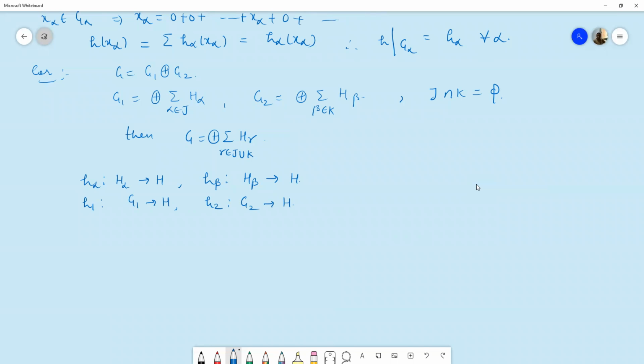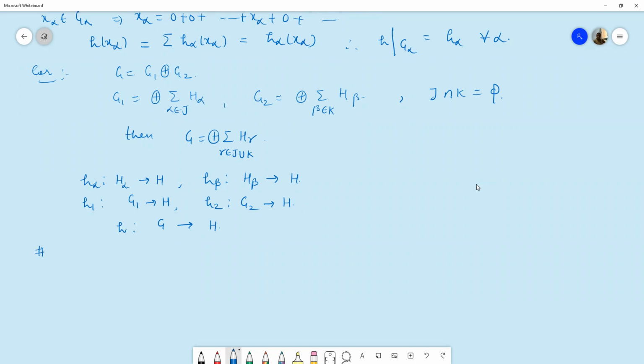Then further, G is direct sum of G1 and G2, and these two are homomorphisms, one from G1 to H, another from G2 to H. Then again, by extension condition, this H1 and H2 can be extended to homomorphism from G to H. Now because the extension condition holds, this G is a direct sum by the converse part of the lemma.